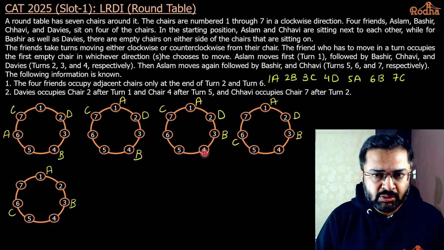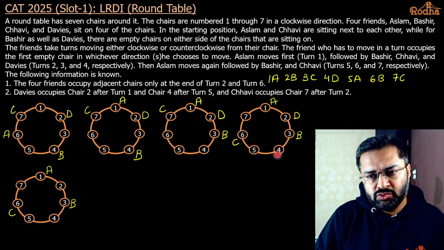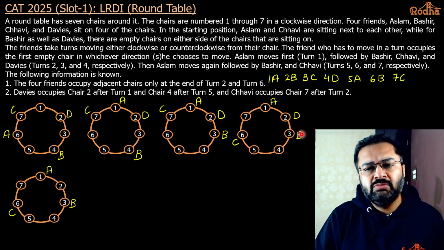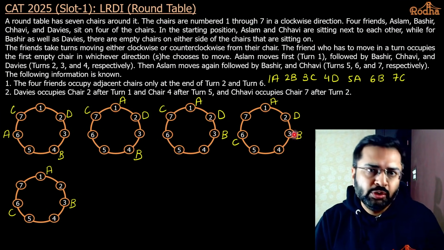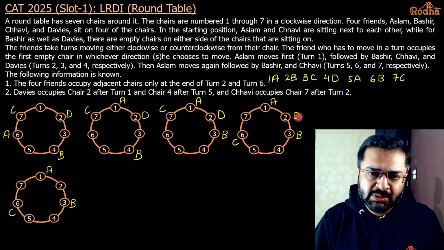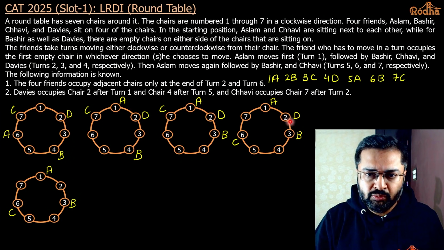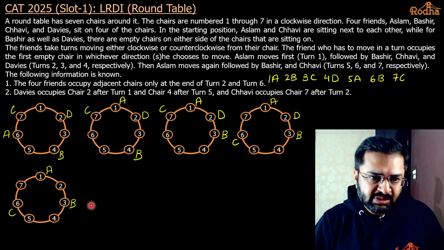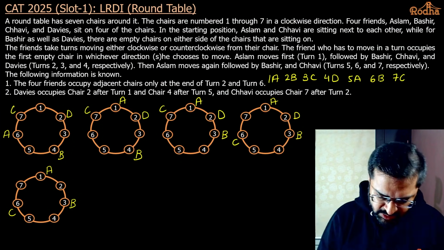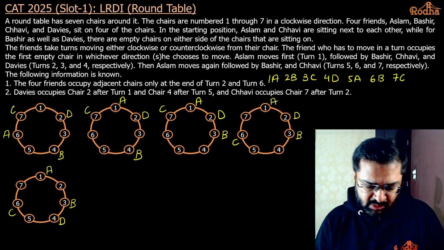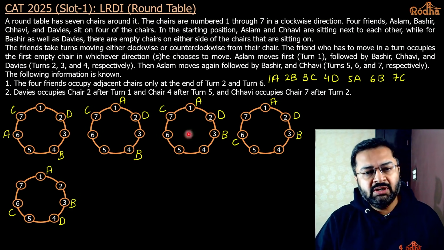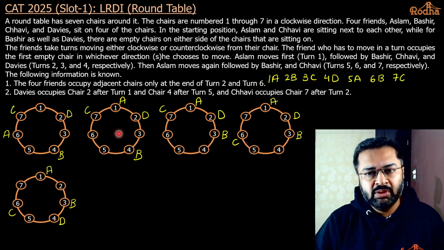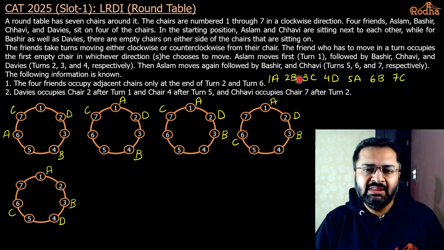So this is the position. Now D is here, can go here. This is one step in the clockwise direction, because D would skip chair 4. This is already occupied by B. So D would skip over B and would from 2 move to 4 in the clockwise direction. So let me just write it like that. This becomes D. Right. So this is now turn 1, turn 2, turn 3, turn 4, D moved. And we are done till this stage.